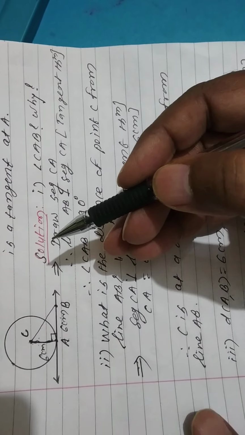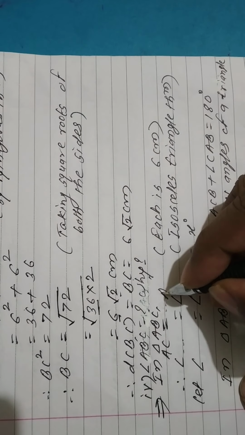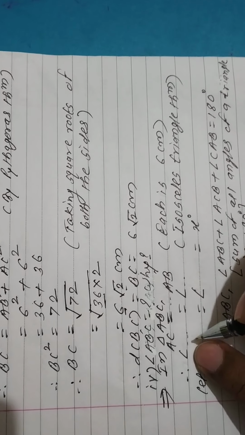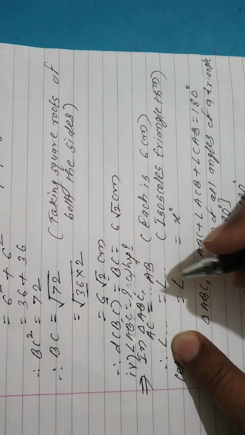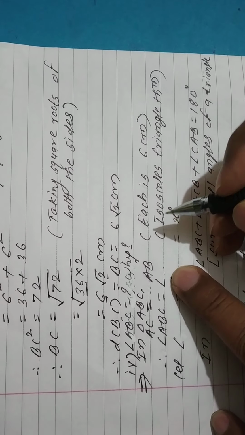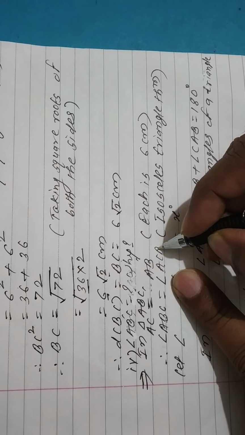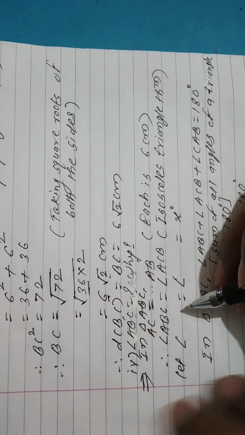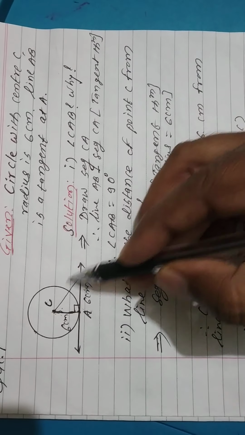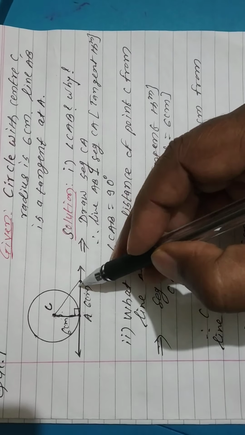Hence I write here AC is equal to AB, each is 6 centimeter. AC, its opposite angle is angle ABC, and AB, its opposite angle is angle ACB.